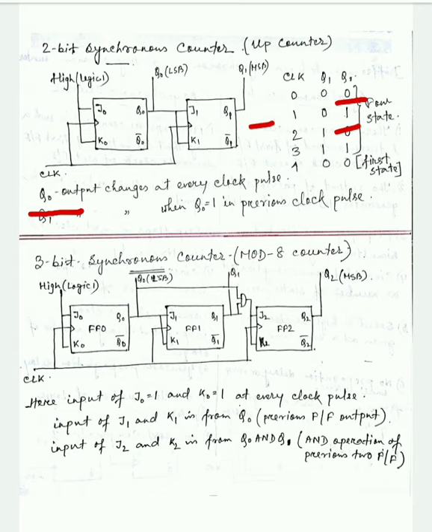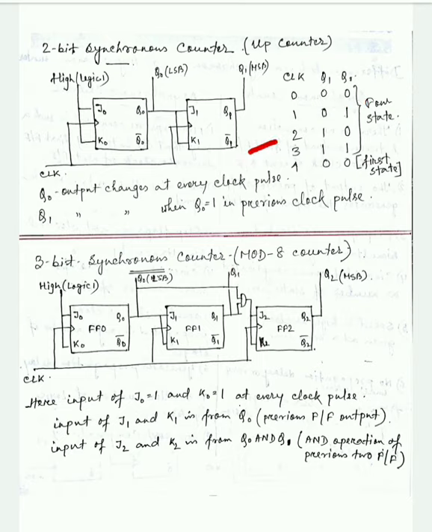And Q1 changes when Q0 was 1 in the previous clock pulse. Its previous value is 0, so Q1 will not change. So Q1 changes if the previous Q0 is 1. As the previous value is 0, Q1 will not change.